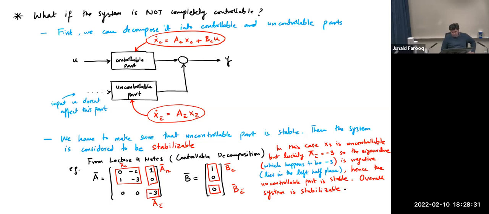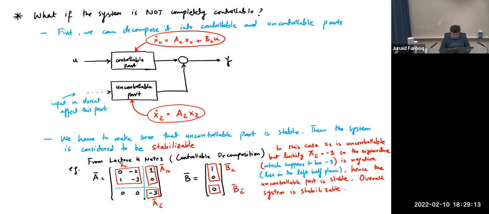So I want everybody to understand that from this example, basically when we did the decomposition, the rank of the controllability matrix was 2. So that told us that there are 2 states which are controllable, and the third state is uncontrollable. Okay, and when we got that information, we saw that the decomposition can be split up like this. So we'll have a 2x2 controllable part, and the rest will be the uncontrollable part.